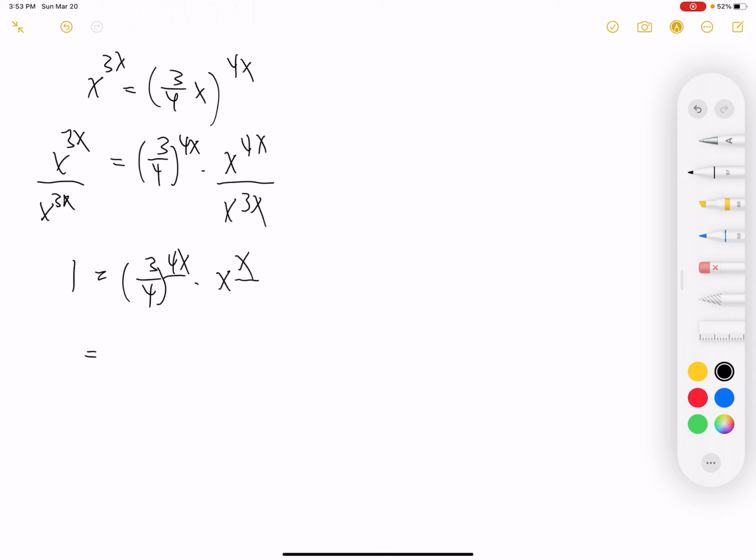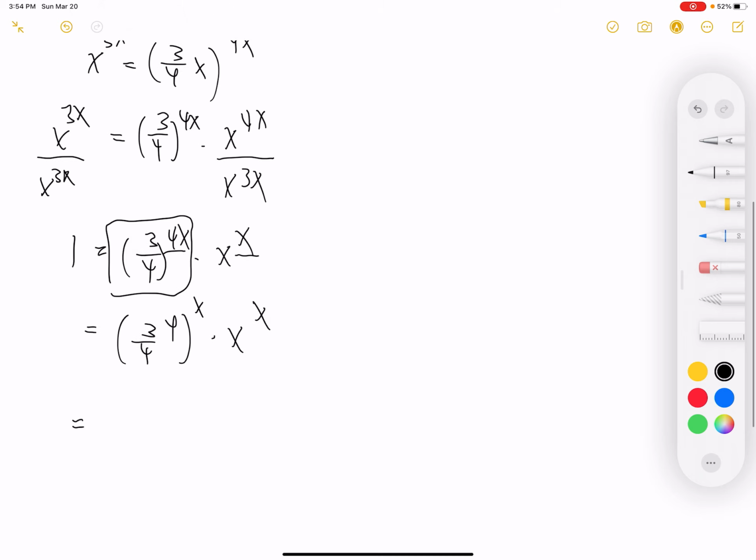So we can think about it, and then we notice that this part is equivalent to (3/4) to the power of 4, all to the power of x. And then 3/4 to the power of 4 is 81 over 256, because 3 to the power of 4 is 81, and 4 to the power of 4 is 256.